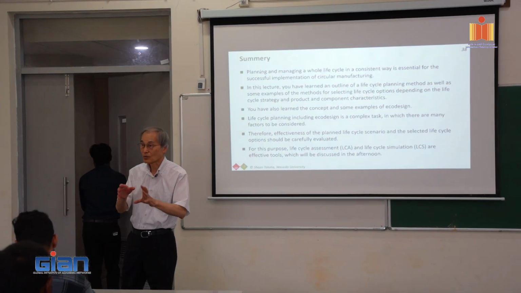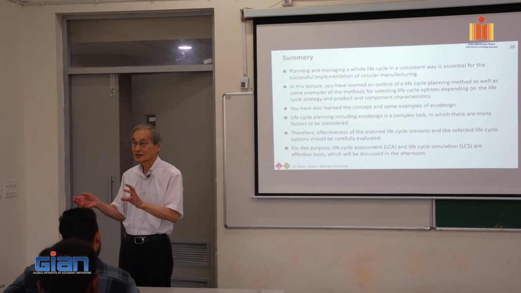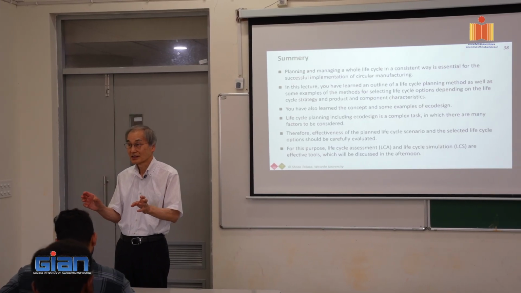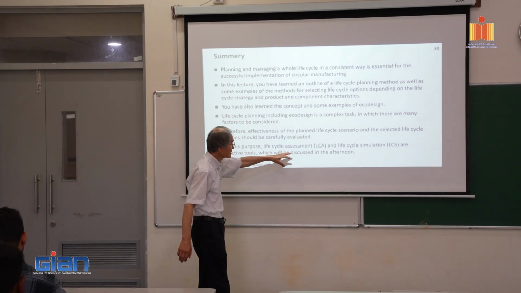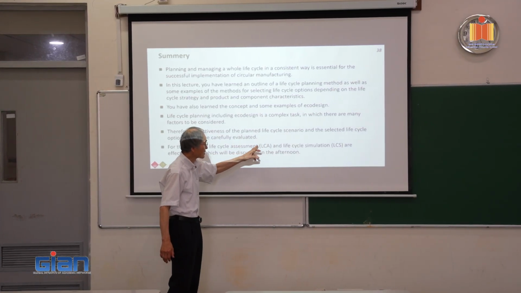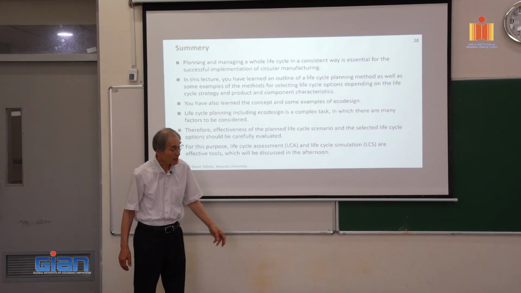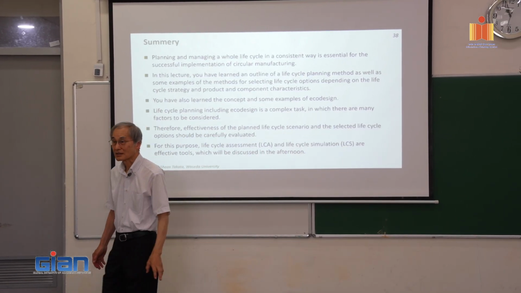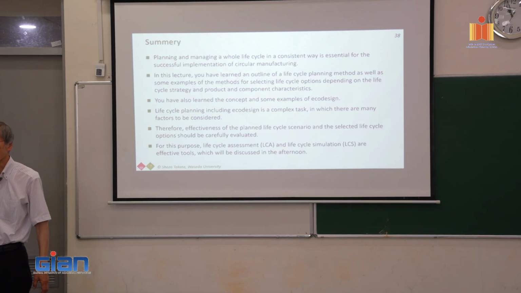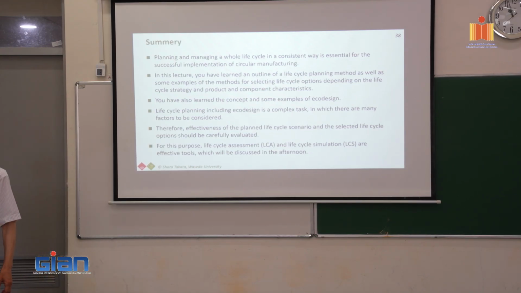Which is better? That should be assessed. One way is life cycle assessment, and another way, which I will explain later, is life cycle simulation, and that is a very important point.